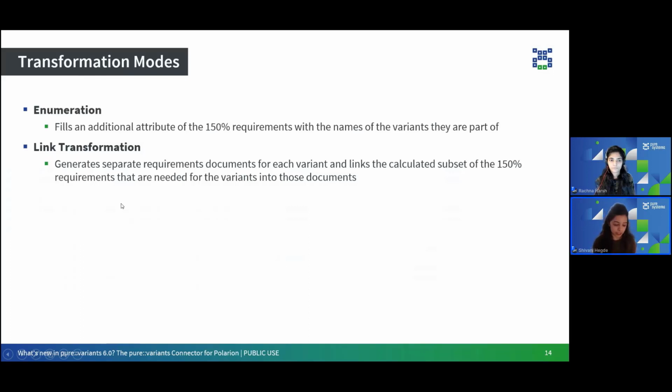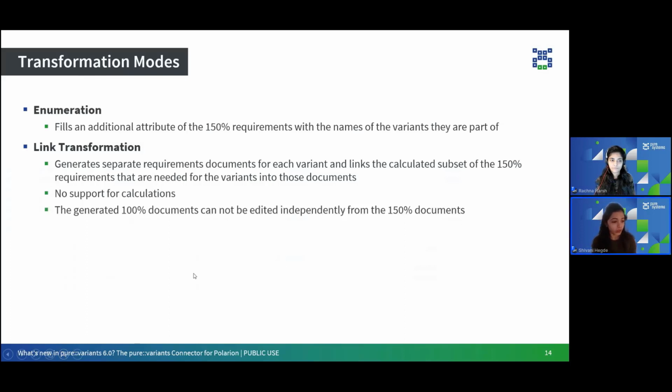Or if you specify that it will be based on a given specific baseline, then it will always point to a specific baseline of a superset asset. So here, since there is no copy of the variant generated, there is no support for calculation. Moreover, the generated 100% documents cannot be edited independently from the 150% documents.